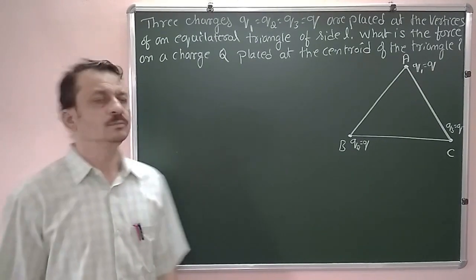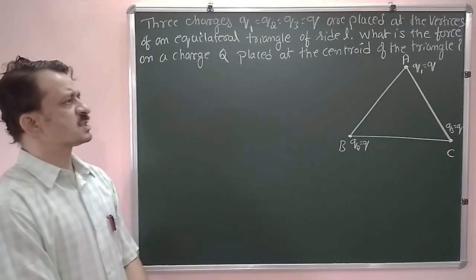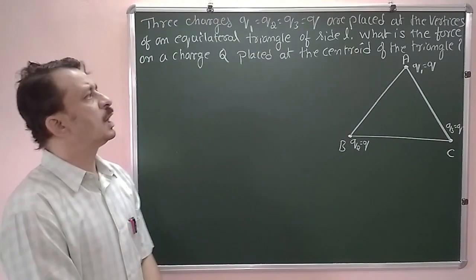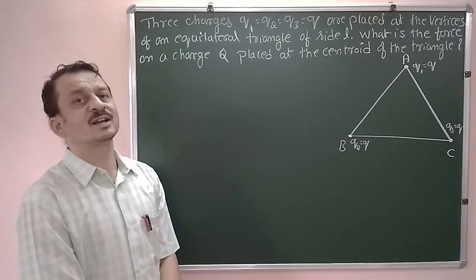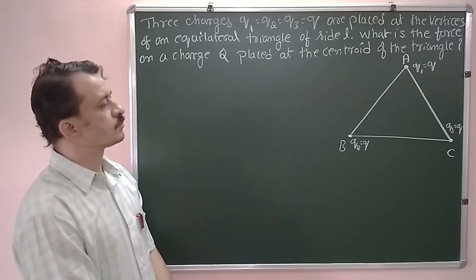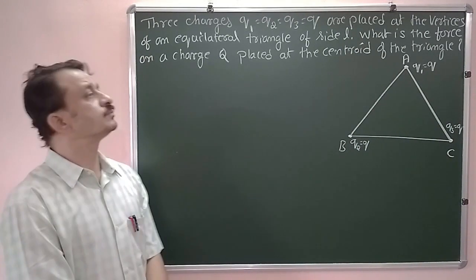Let me solve one problem. 3 charges Q1, Q2, Q3 each equal to q are placed at the vertices of an equilateral triangle of side L as shown in the diagram.